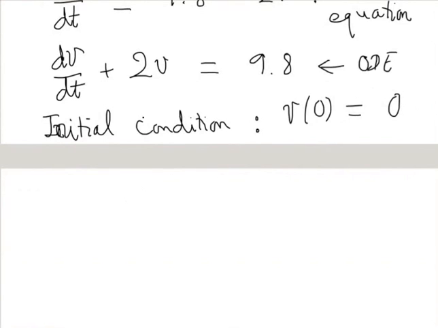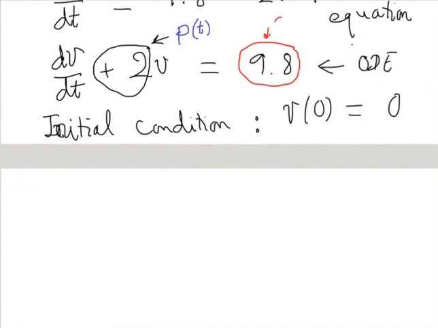You see a linear equation, with the 2 here being our p. This time t is the independent variable, so I'm going to write p(t), and q(t) is the right-hand side.